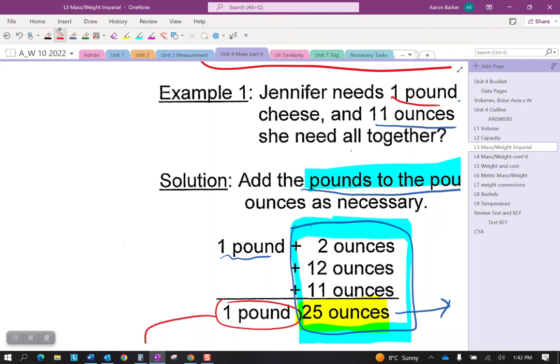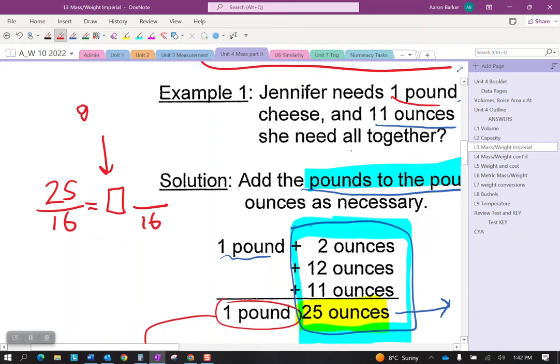So what we have to do is figure out of 25 ounces, how many groups of 16 are there? And it's just like a mixed fraction. You got to figure out how many groups. So this would be groups of 16, and this here would be the leftover part.